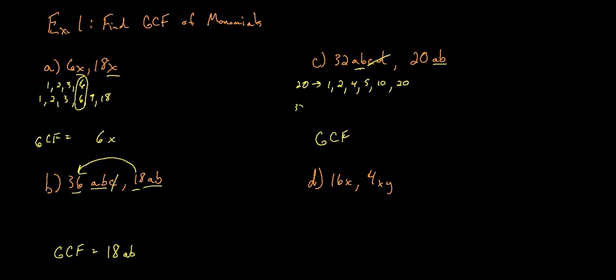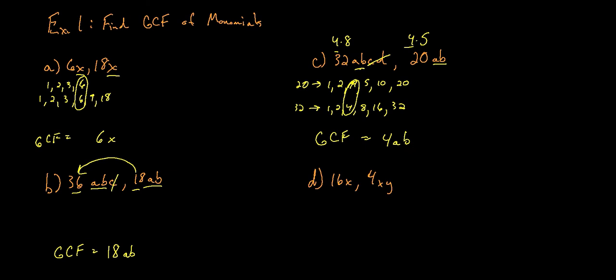And for 32, so we should recognize here the greatest common factor with these is 4. 4 times 8 and 4 times 5. 5 and 8 don't share any common factors, so we know that we're right with 4. So we know it shares AB and it shares 4, so we have 4AB as our greatest common factor.